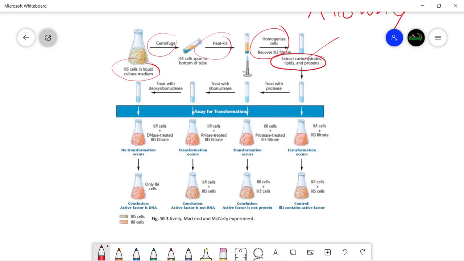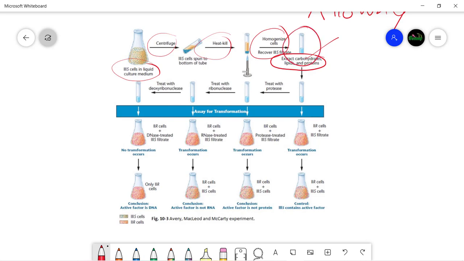So the extract contains all the compounds. Their job was to find the transforming principle. Obviously, one of these compounds was responsible for the transformation, or one of these was the transforming principle.